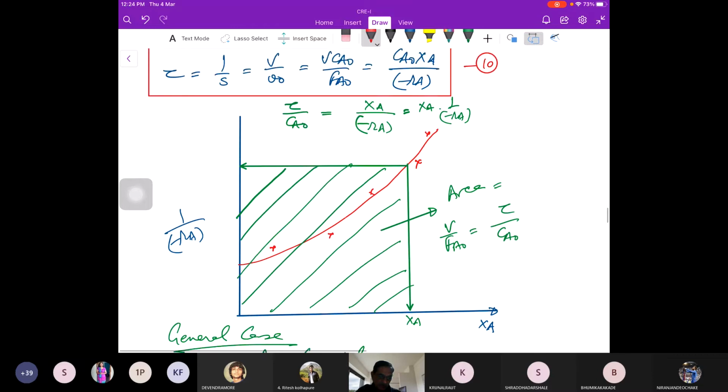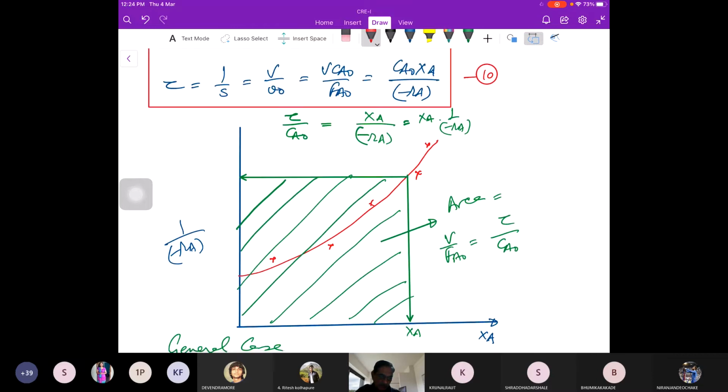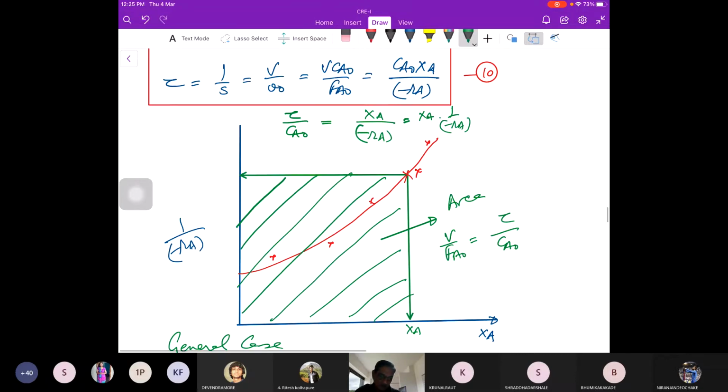And in this case, if you want the value of the right hand side, XA upon minus RA, we actually have to take any point here, whatever the value of XA is, and get the area of the rectangle. Okay, any questions on this graph?